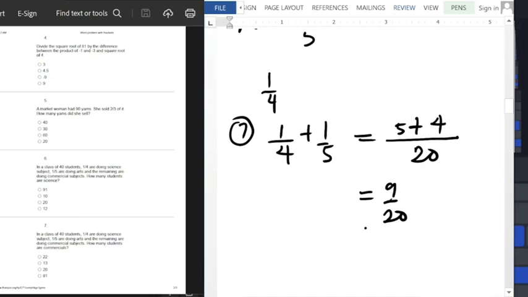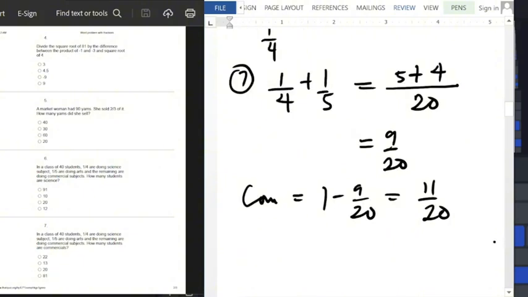So for the two subjects, the remaining will be for commercial. So commercial will then be what? 1 minus 9 over 20. So this will give us 11 over 20. So we want to get the number, so we multiply by 40. 0 cancel 0. 2 here 1, 2 here 2. That gives us what? 22. Number 7, that is 22, option A.